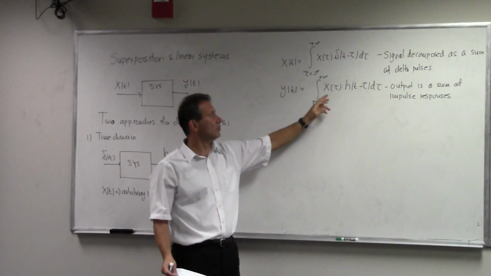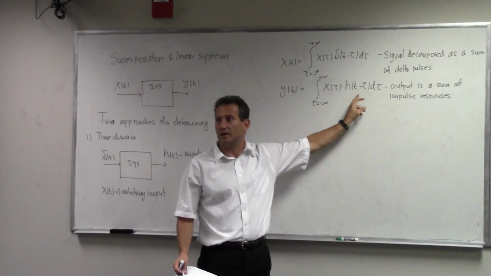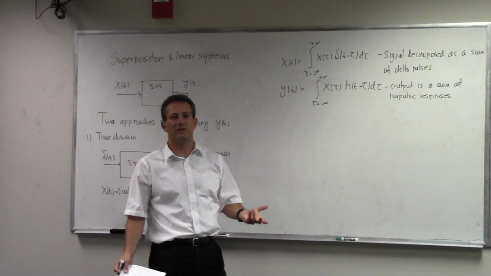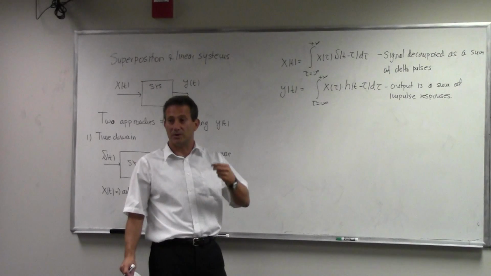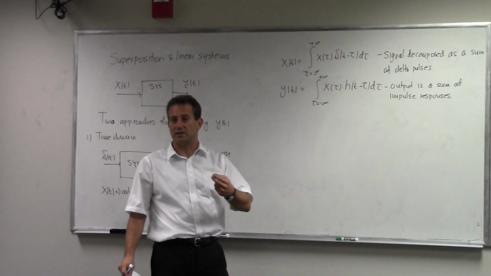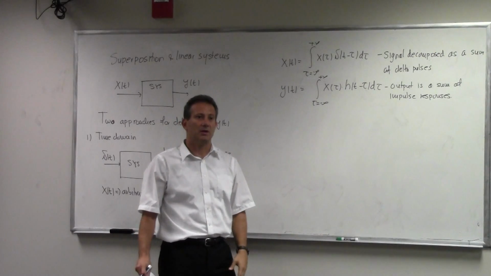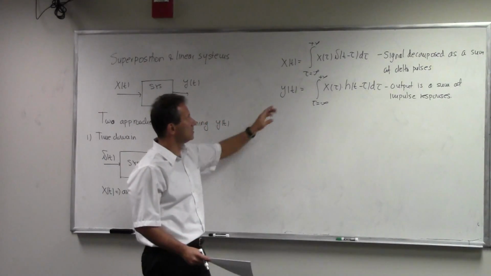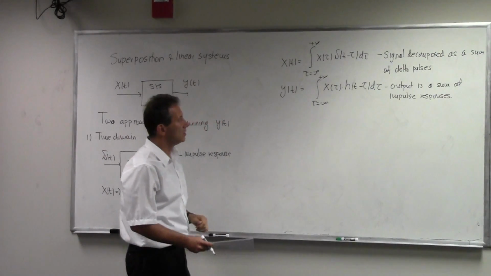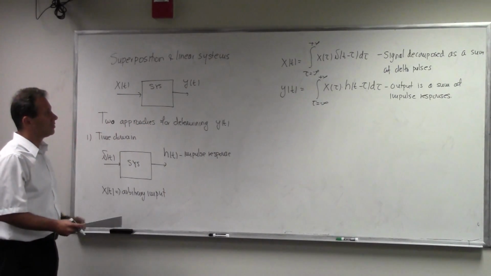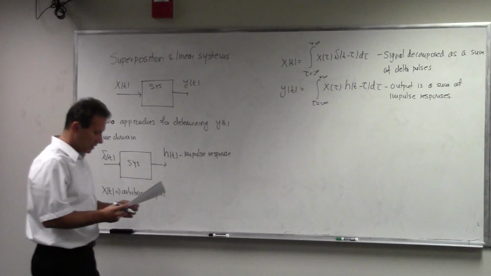Your output is a convolution between your input and your impulse response, which when you say it that way is not really intuitive, but when you understand what this convolution does, it's actually summing all the impulse responses that are coming, by seeing this input signal as a bunch of impulses, then it makes a whole lot of sense. So that's the first approach, and it's called time domain analysis.